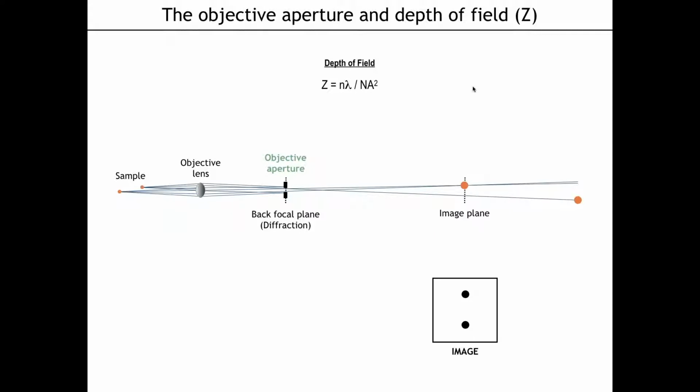Now, with a smaller numerical aperture, which is what we have in EM, these 2 points in this imaging plane, even though the actual focal points are quite far apart, are, with respect to the resolution we're interested in, reasonably more focused on the image.